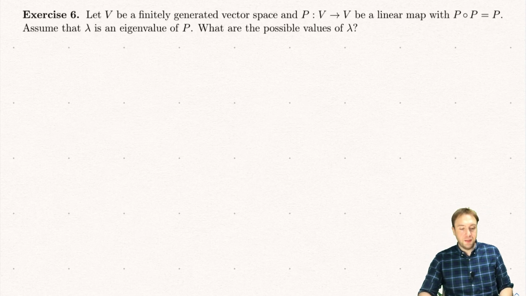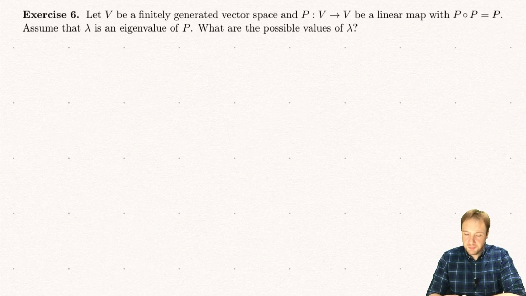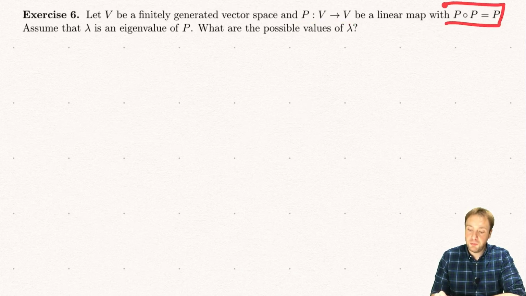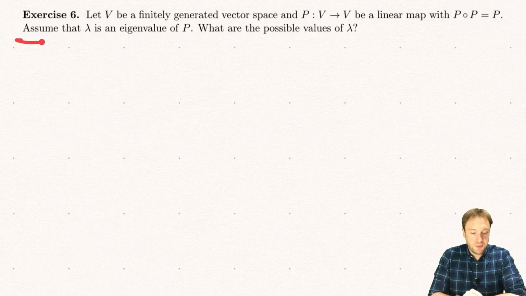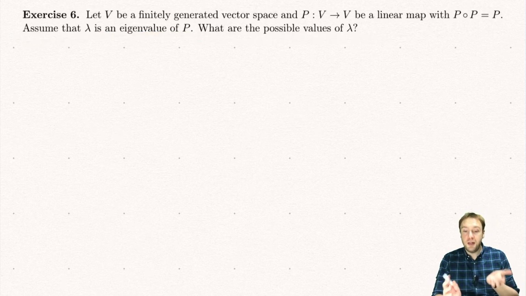Now exercise number 6. Let V be a finitely generated vector space, which actually doesn't play a role here, and consider a linear map P from V to V, which satisfies the property that if I apply P twice, it's the same as just applying P. And now we assume that lambda is an eigenvalue of P, and we ask what are the possible values of lambda.